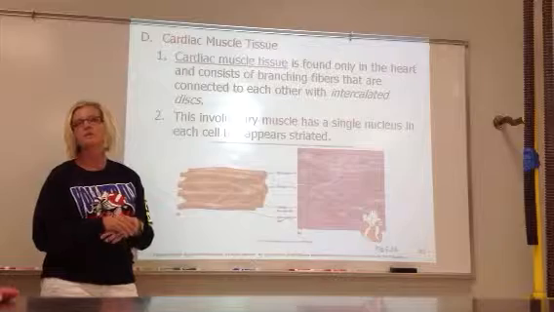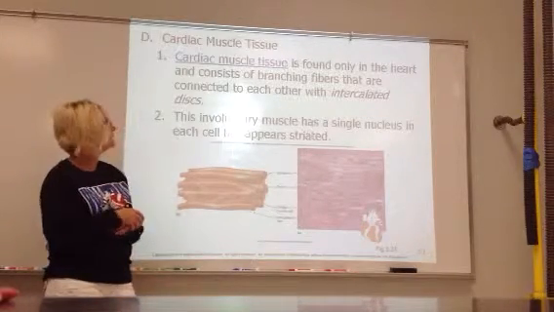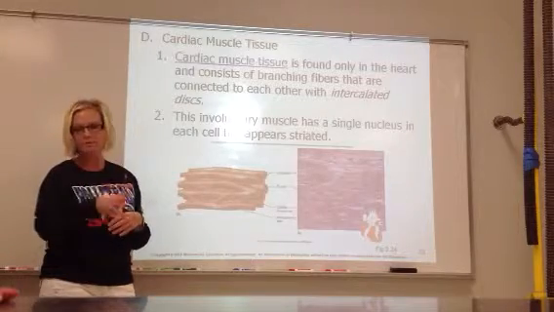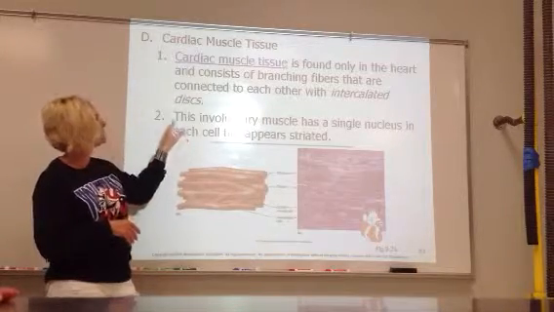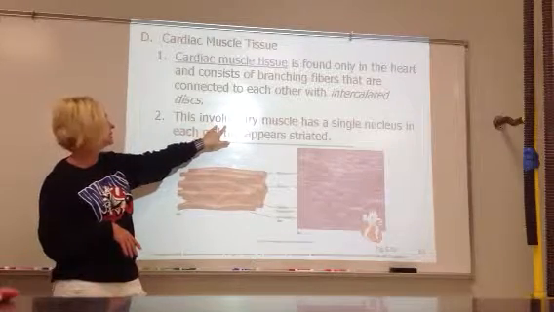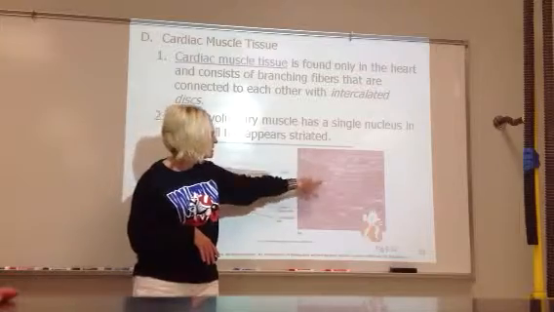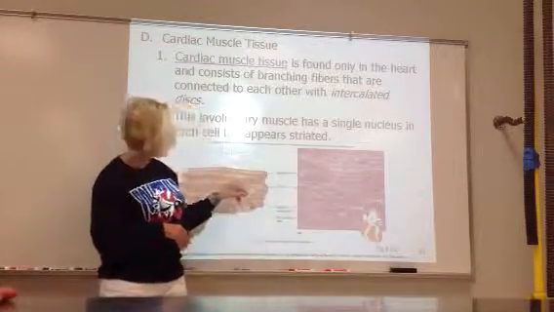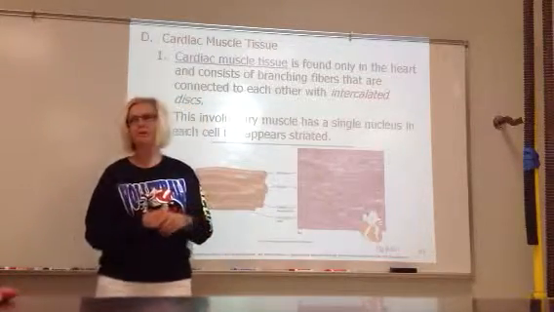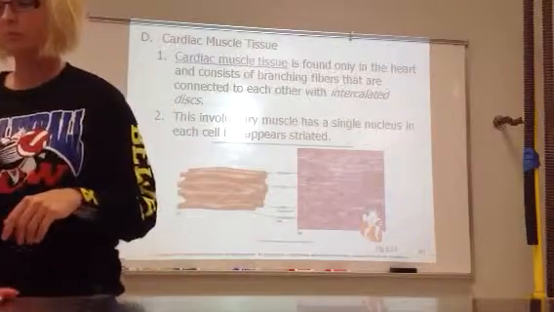It works constantly: beat, rest, beat, rest. It performs day in, day out. This is very special muscle. It is involuntary, and it is striated, not quite as noticeable as skeletal muscle, but it does have striations that go through it.